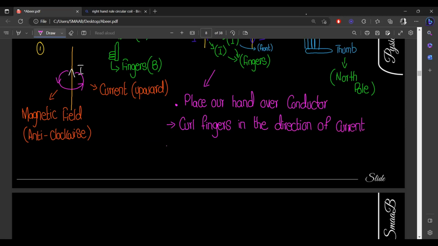And then second concept, the thumb will give you the direction of North Pole.